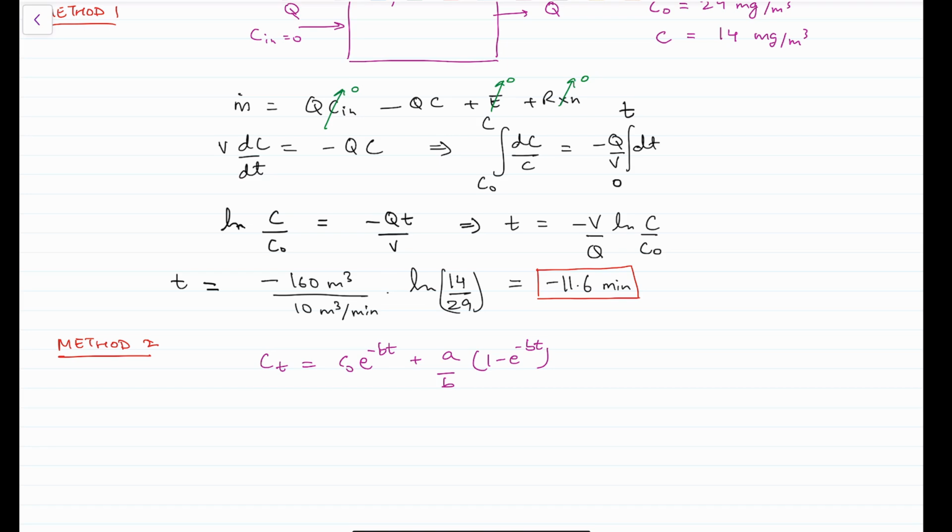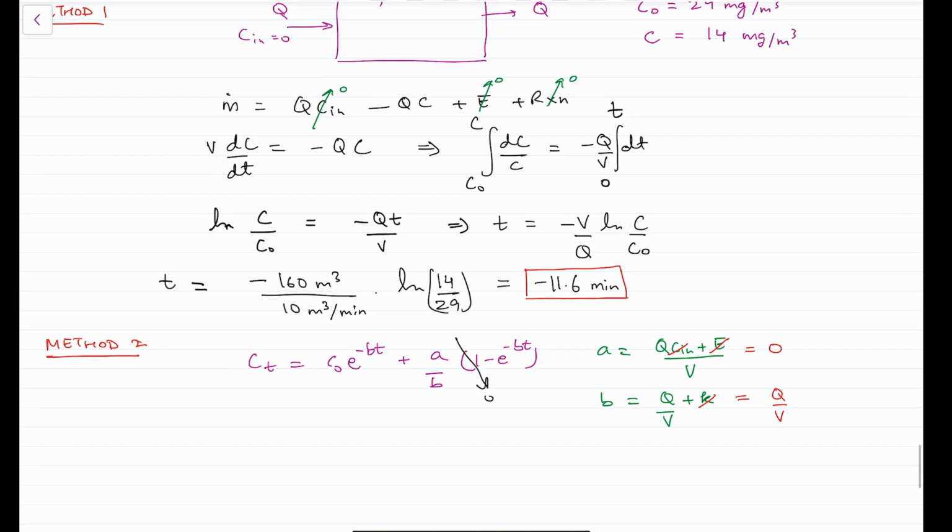In this case, A is equal to (QCin plus E) over V, and B is equal to Q plus K, or Q over V plus K. Now you can clearly see there are no emissions, there is no Cin, so A is 0, and there is no K, so B is just Q over V. So if we plug this into this solution, this whole term goes to 0 because A is 0, and so we have C(t) is equal to C naught e to the power minus Q over V t.